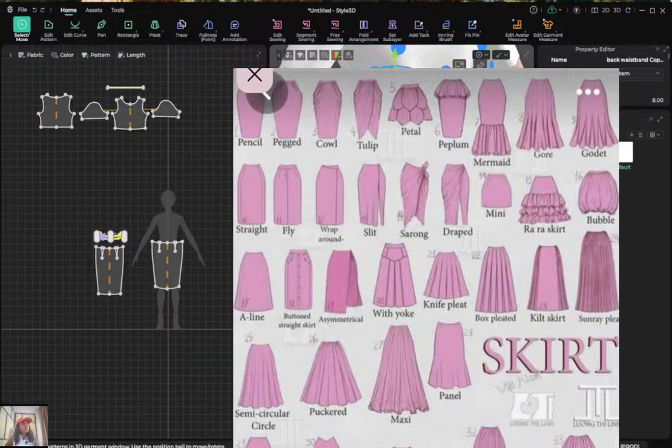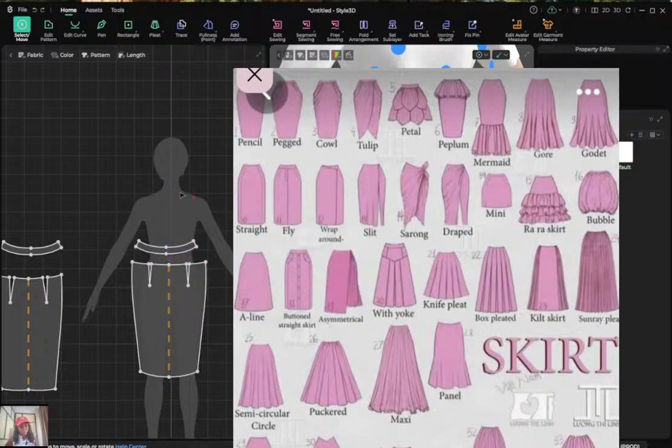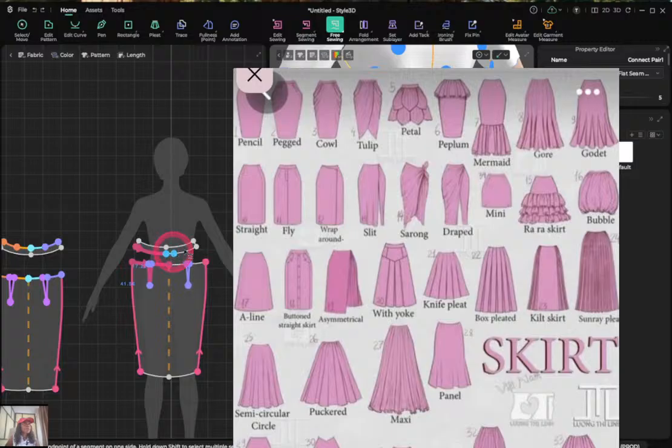Oh, it's here. Let's go back to sewing. From here to here, then from here to there, from here to here, from there to there, and let's simulate. What's this nonsense?